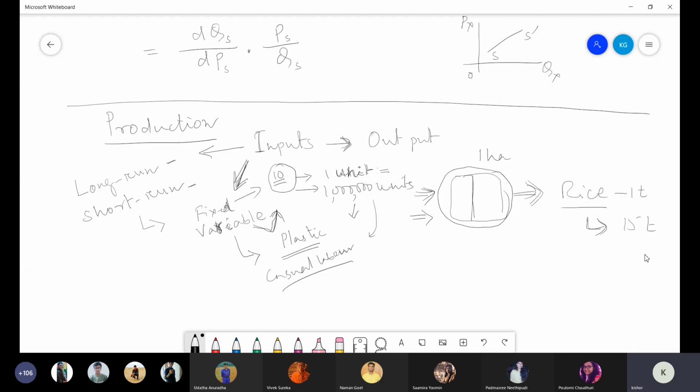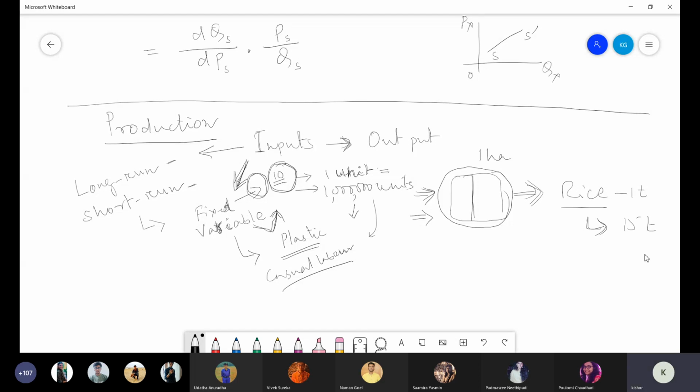But in the long run, all of your inputs will be variable in nature, because suppose I am considering a time period of, say, 1 year, 5 years, 10 years, 20 years. When I am considering a time period of 20 years, what will happen? In a 20-year time period, my factory may change. Instead of 1 unit, I may think about producing this pen in 2 different units, because the time period is very long.